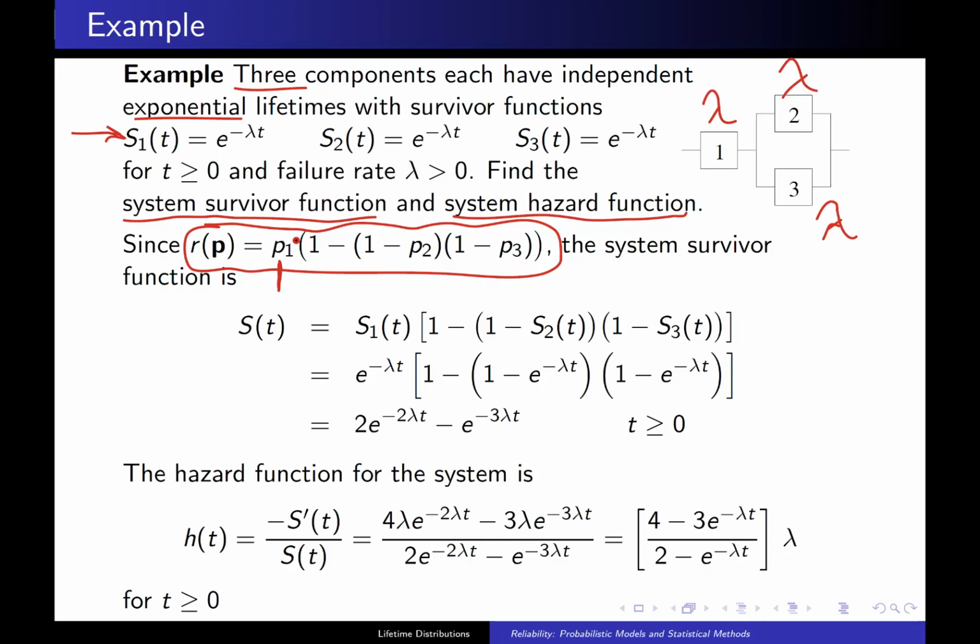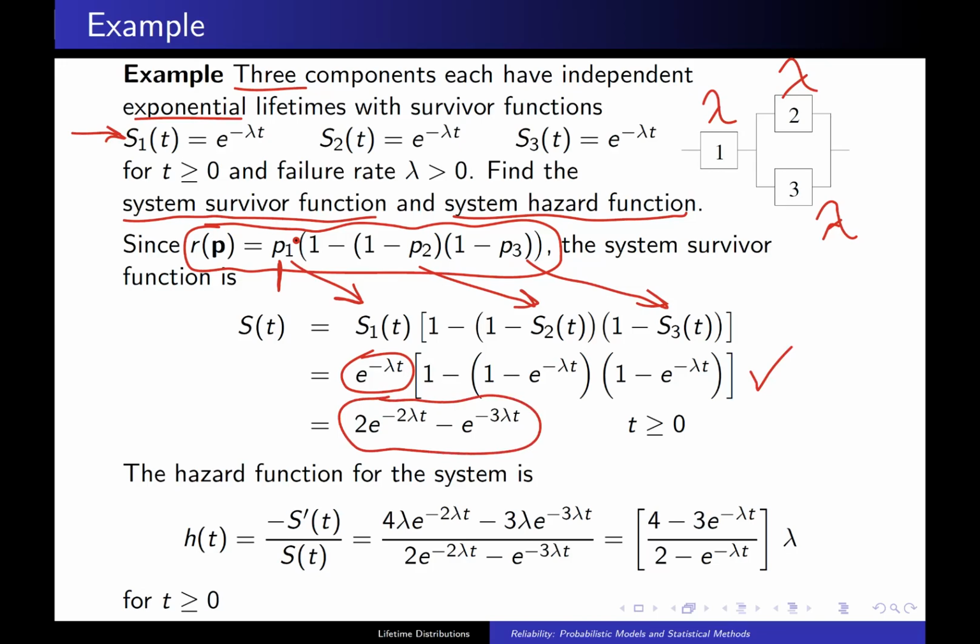The next step is to replace P1 with S1 of t, P2 with S2 of t, and P3 with S3 of t, and that leads you to this quantity right here. When you multiply that out, you will see that the 1's again cancel, and then when you multiply by e to the minus lambda t, you wind up with this as the system survivor function.